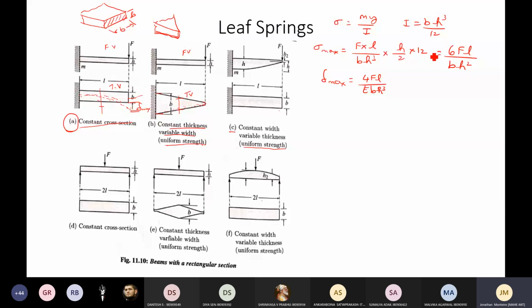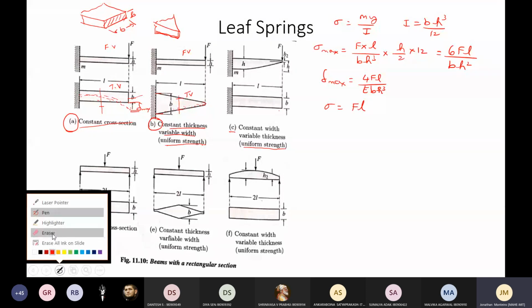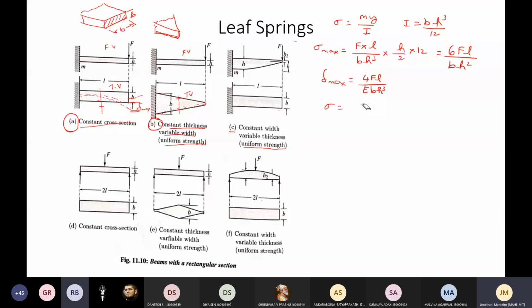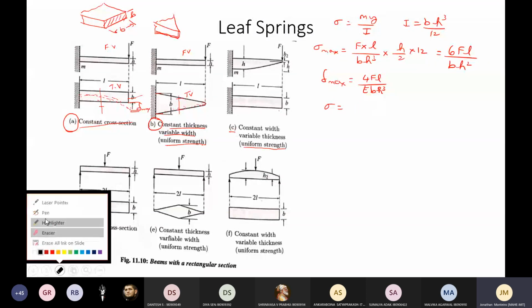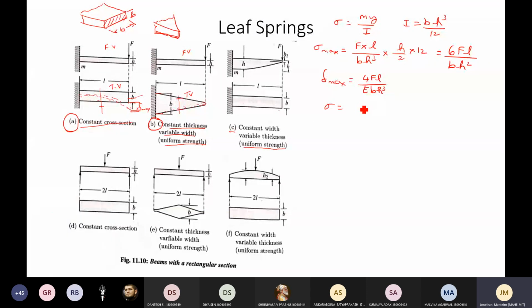Similarly, for type B, constant thickness and uniform strength, you will have sigma equal to F into L. Sorry, I'll directly write the equation. All those equations are found in your data handbook, so no issues.